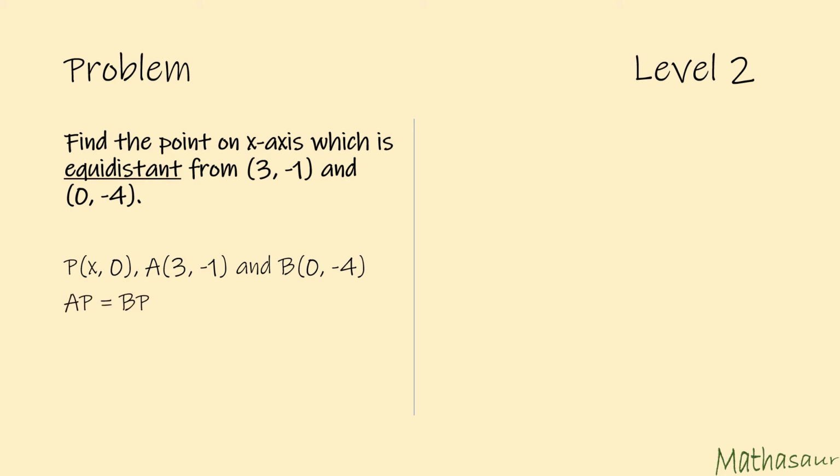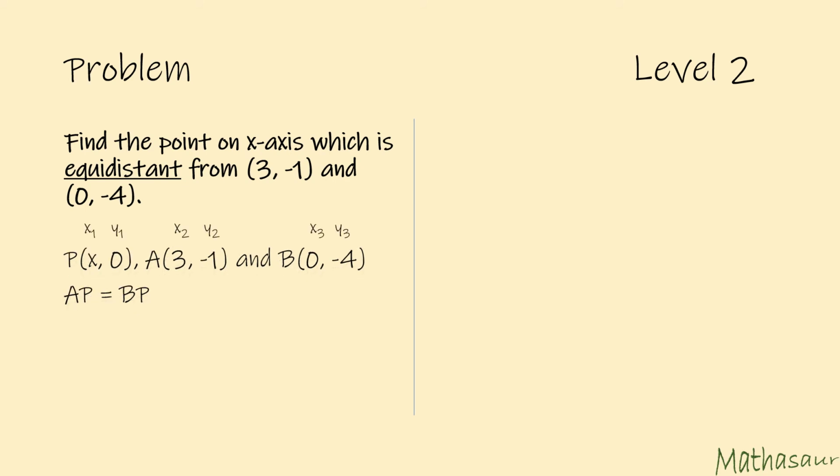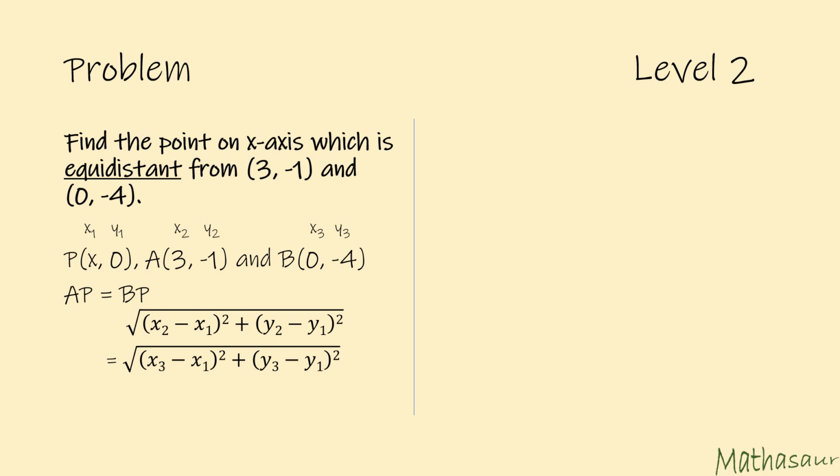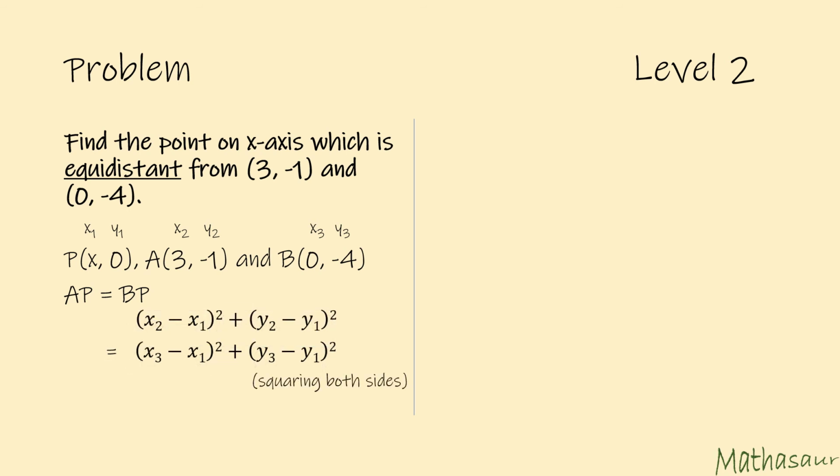Now, since this point is equidistant, AP would be equal to BP. Once again, let us name the coordinates of point P as x1, y1, the coordinates of point A as x2, y2, and the coordinates of point B as x3, y3. Now let us substitute the distance formula for both these segments. Let us square both the sides and let us substitute the values.